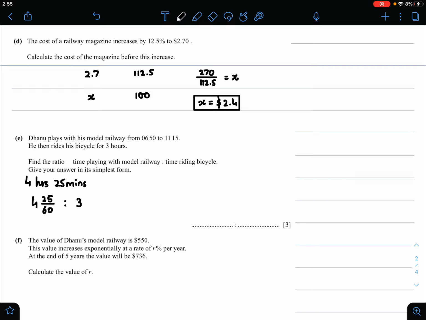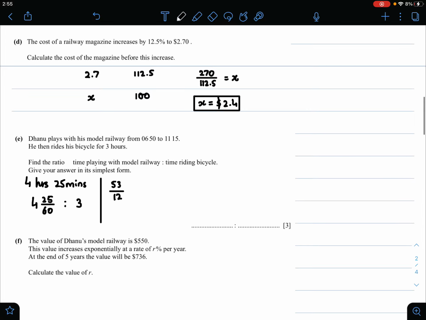Now all we need to do is convert 4 whole 25 by 60 into a mixed fraction, which would be 60 multiplied by 4 plus 25, that would be 265, divided by 60, and the simplified form of that fraction would be 53 by 12.